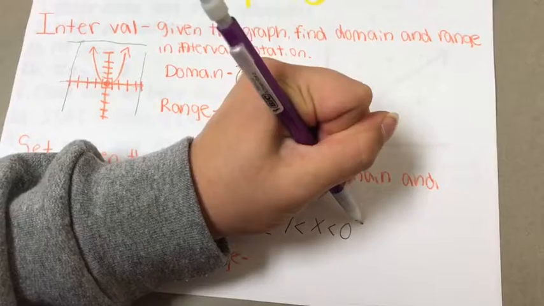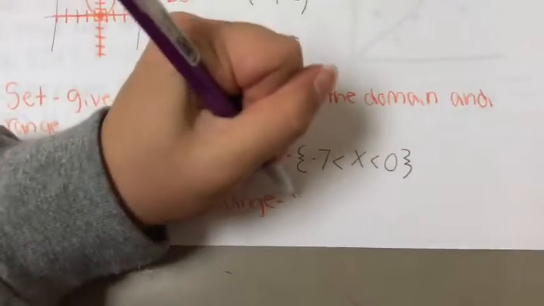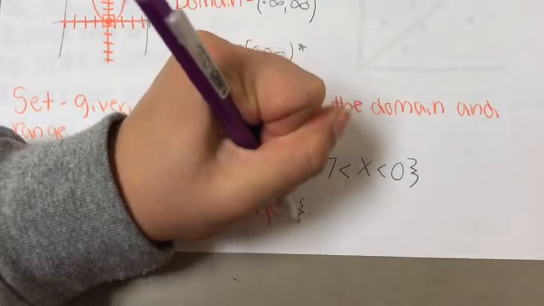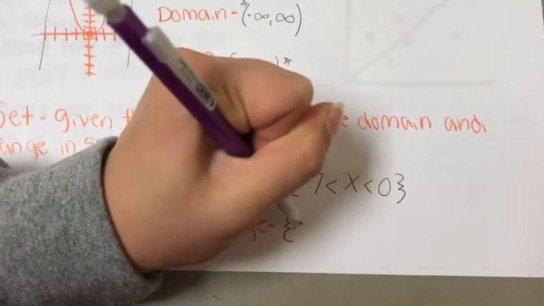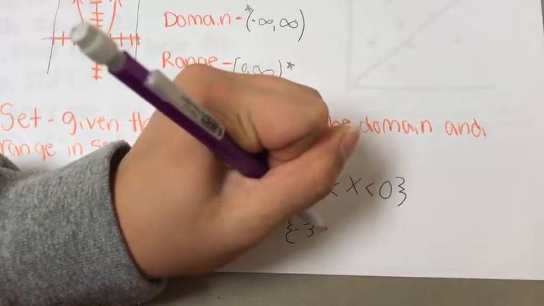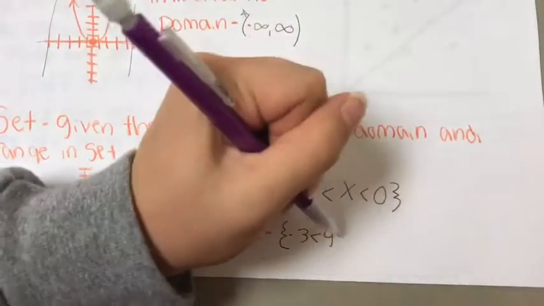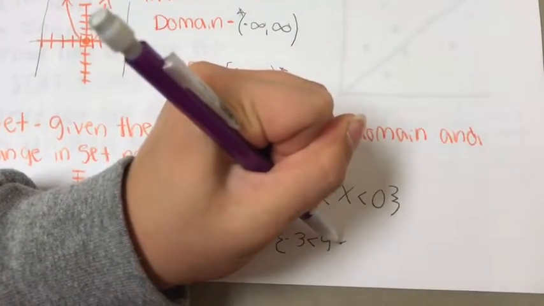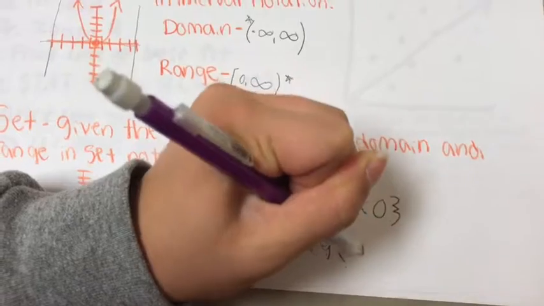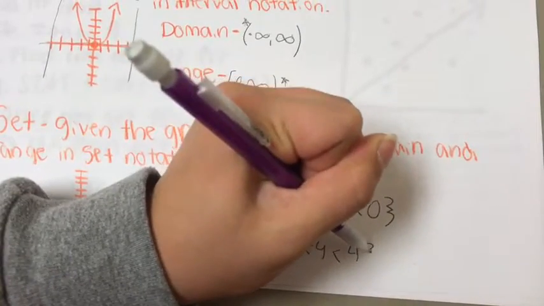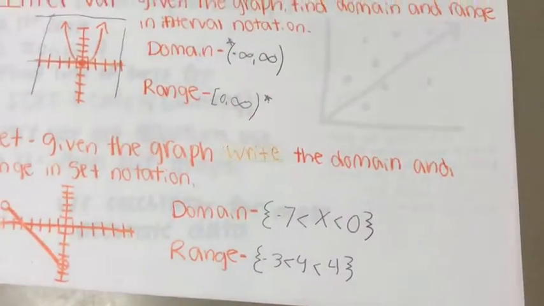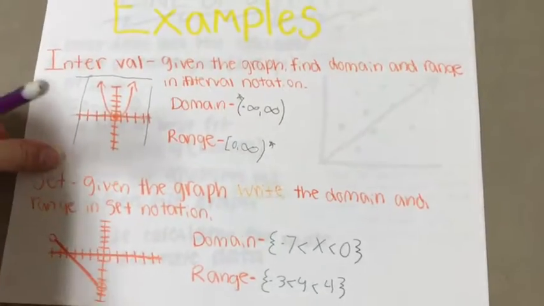Close brace. And our range is going to be brace -3 less than y less than 4, close brace. And there's how you find interval and set notation.